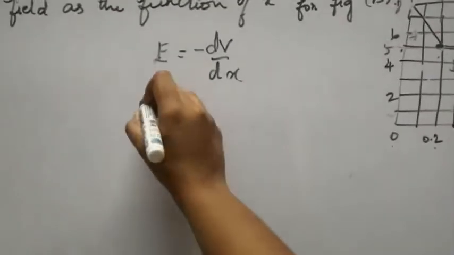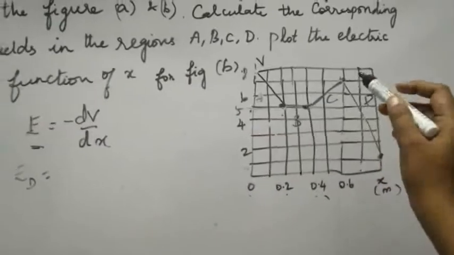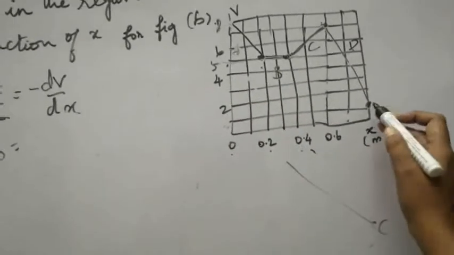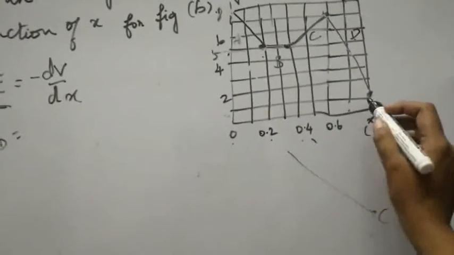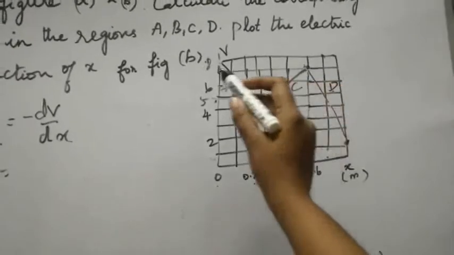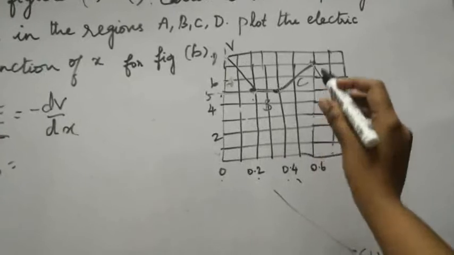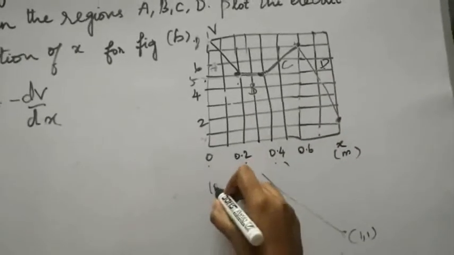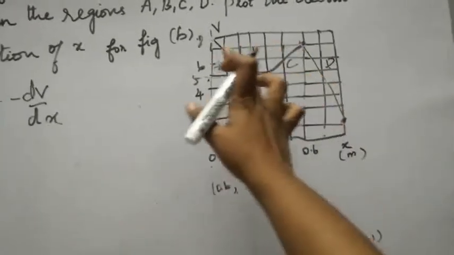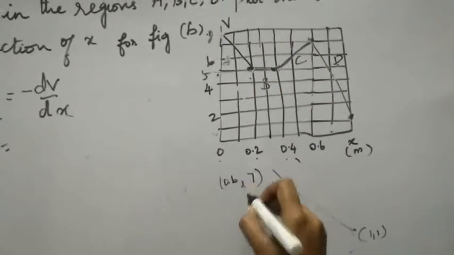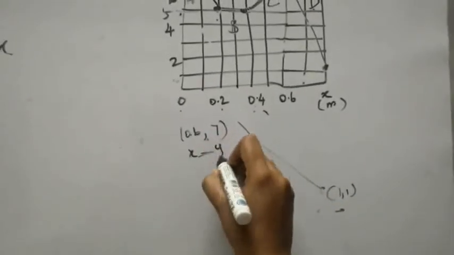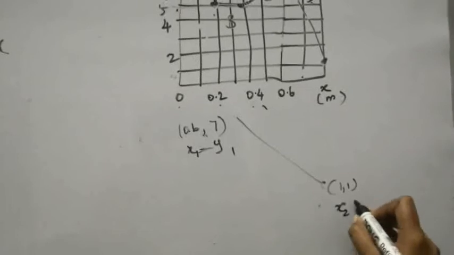So let us move on to region D. For region D, the slope is like this, and the ending point is 1 on the y-axis and 1 on the x-axis, so 1 comma 1. The initial point is 0.6 on the x-axis and 7 on the y-axis. So these are the initial and final coordinates, x1, y1 and x2, y2.